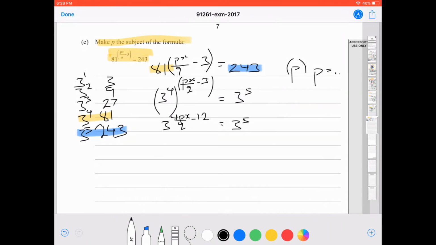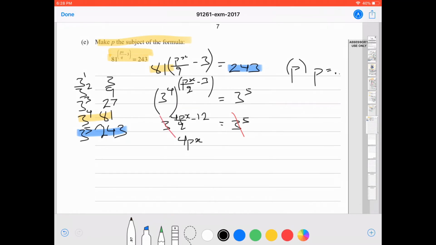And so, knowing our base and indices rules, we've got two terms that equal each other. The base is the same, in this case it's 3, and so we can actually cancel the base and say the powers that they're raised to must also equal each other.